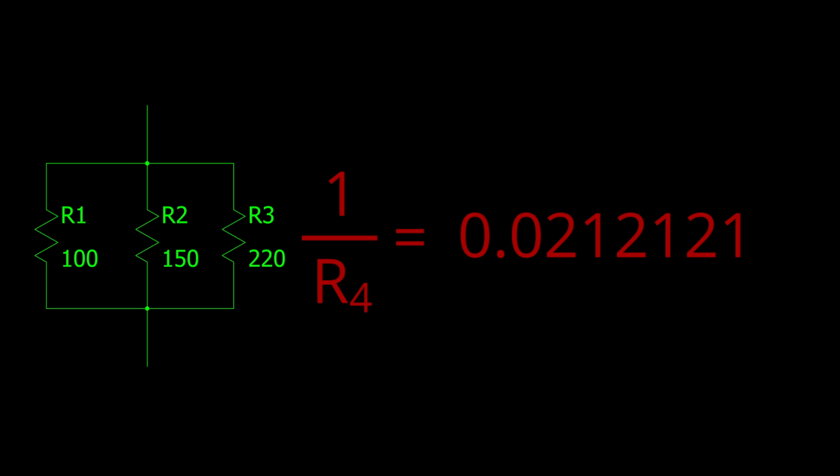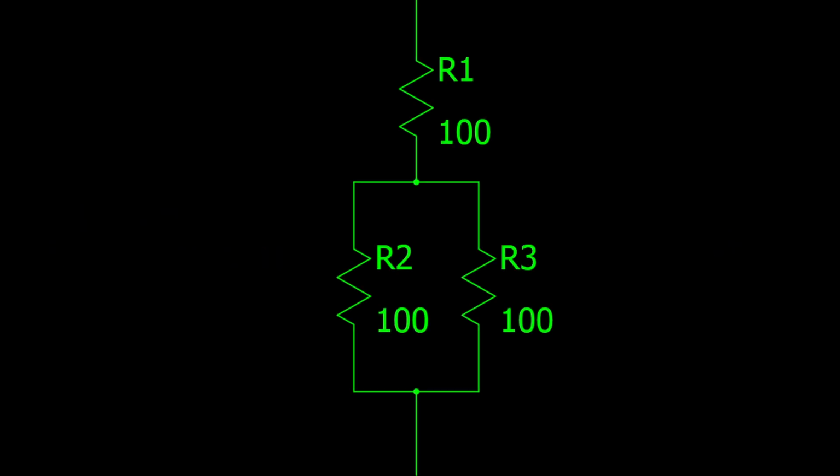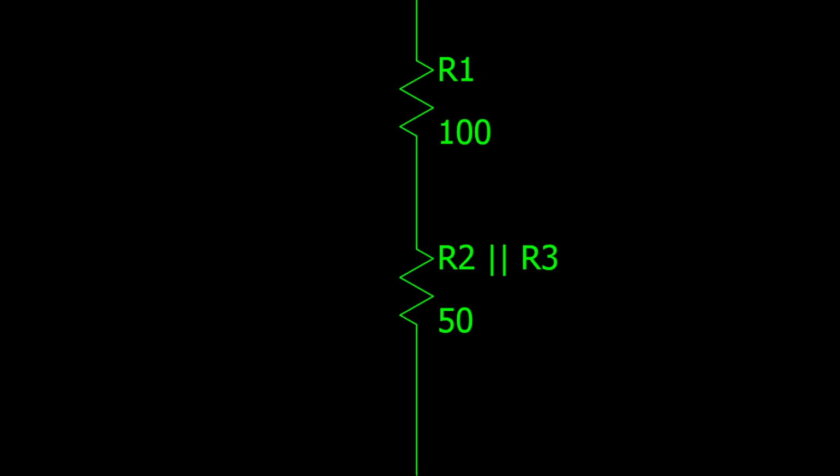You add all these up, and then you take the reciprocal of that conductance value and you end up with the final resistance. You can also do series parallel combinations. So you could have a resistor R1 that's in series with a parallel combination of R2 and R3. And this is simplified by doing the parallel combination first and then just adding that result to the first resistor.